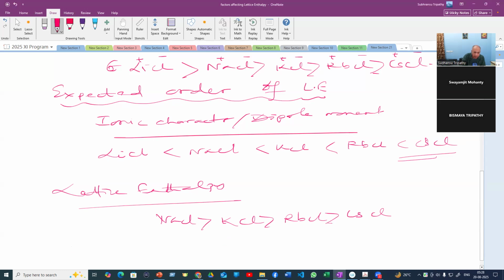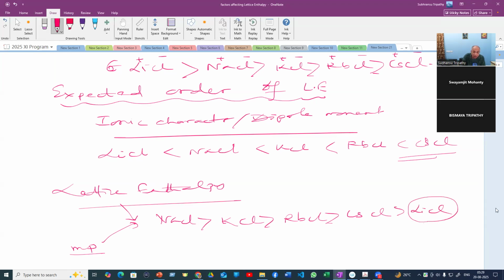So, the melting point order is also the same. Sodium chloride is about 800 something and cesium chloride is about 600 something, and there is a gradual decrease. I shall show you the exact values of their melting points. But interestingly, lithium chloride has the lowest melting point. Why?